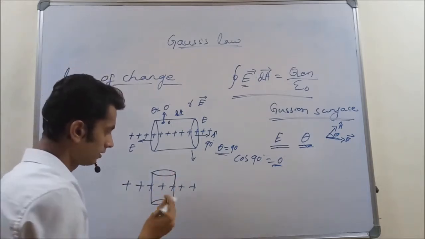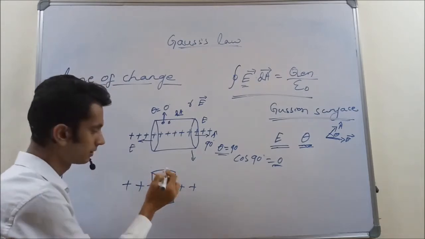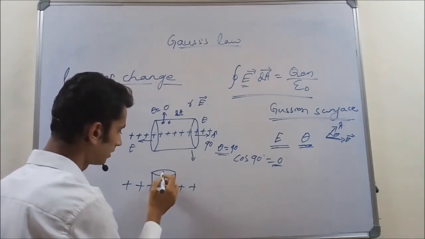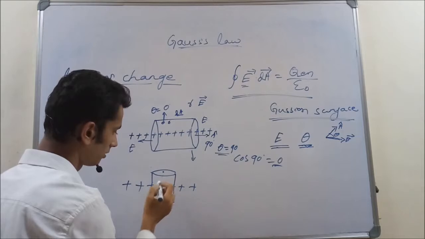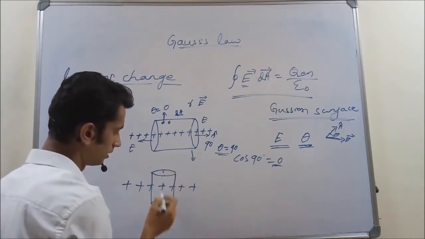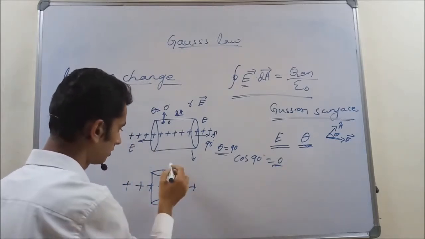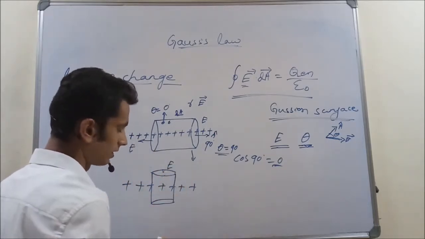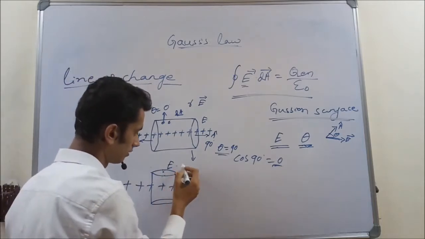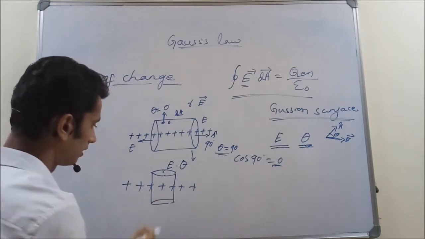When the lines of force touch the center of the flat surface, the distance will be short, but when they touch the ends, the distance will be more and the angle will change. So now neither is the electric field constant, nor is theta constant.